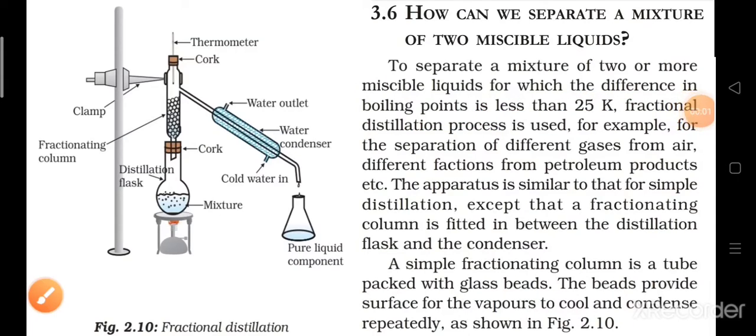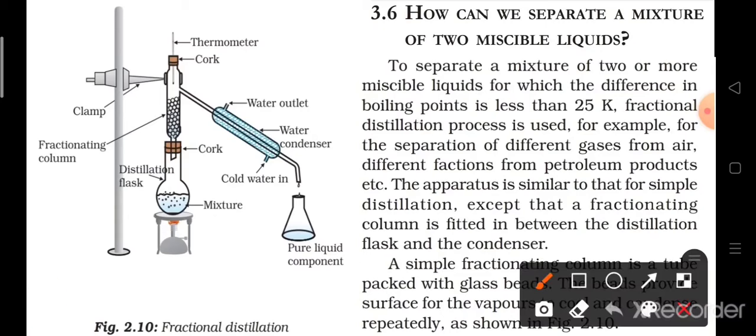For example, for the separation of different gases from air, or different fractions from petroleum products, etc. The apparatus is similar to that for simple distillation, except that a fractionating column is fitted in between the distillation flask and the condenser.